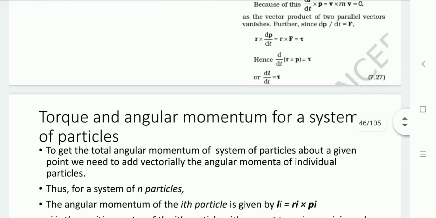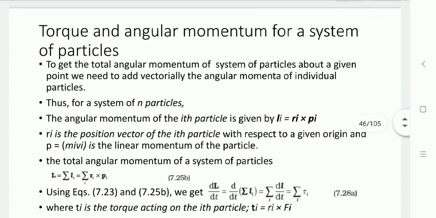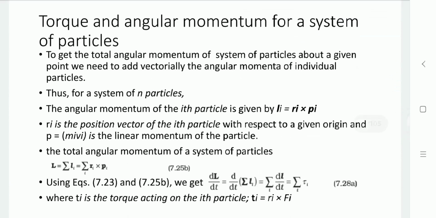Now let us take another topic, torque and angular momentum of a system of particles. If we want to get the total angular momentum of a system of particles for a given point P, we need to add vectorially the angular momenta of individual particles. Let us take n particles.